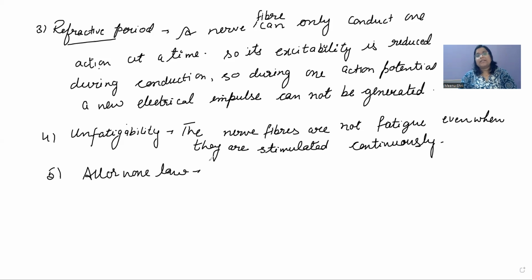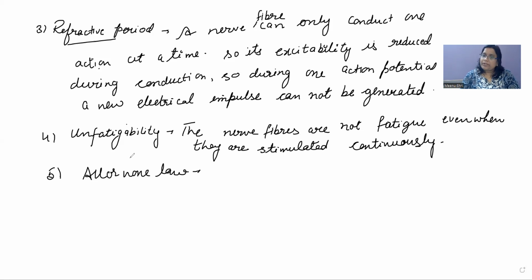If the stimulus comes below the threshold value, the neuron will not be excited, or the neuron will not entertain that stimulus or take it as an impulse. But if it is up to the threshold level or beyond the threshold level, the neuron will surely entertain that impulse.